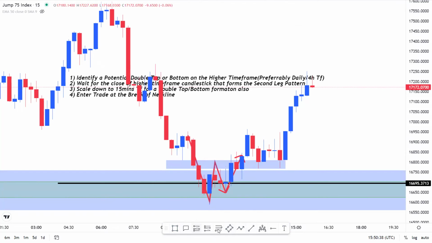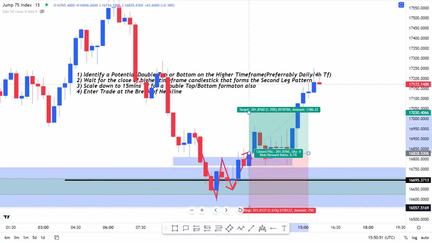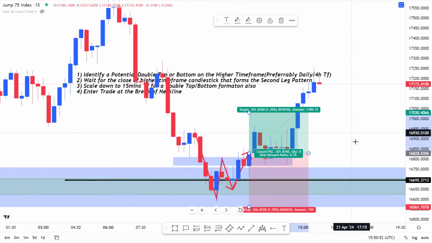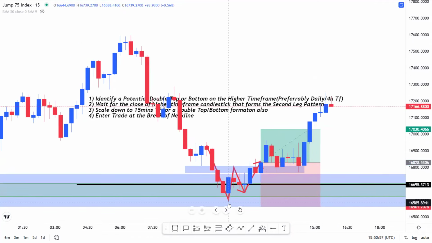And as soon as that has been confirmed, the break of the neckline, where we have this 15 minutes time frame candlestick close, this confirms our buying. Stop loss just below the lows of the 15 minutes time frame double bottoms.